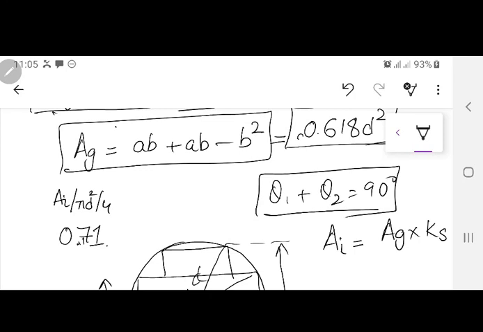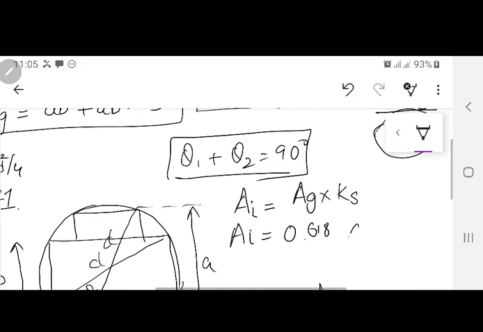That is not always true, because it depends upon the workmanship, the material and the labor you are using. It can be 0.85 or something, but I am going with the book. So with 0.9, the net iron area is 0.618 into 0.9, which comes out to be 0.56 d square.